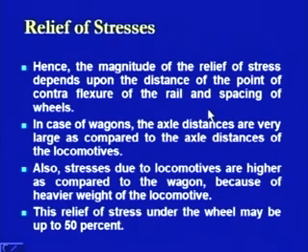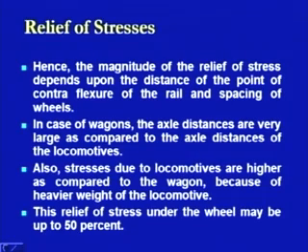In the case of this relief of stresses, another point observed because of the multiple wheels being provided is that the relief of stress under the wheel may be up to 50%. So, this is the advantage of the multiple wheels being provided; we are reducing it by half.